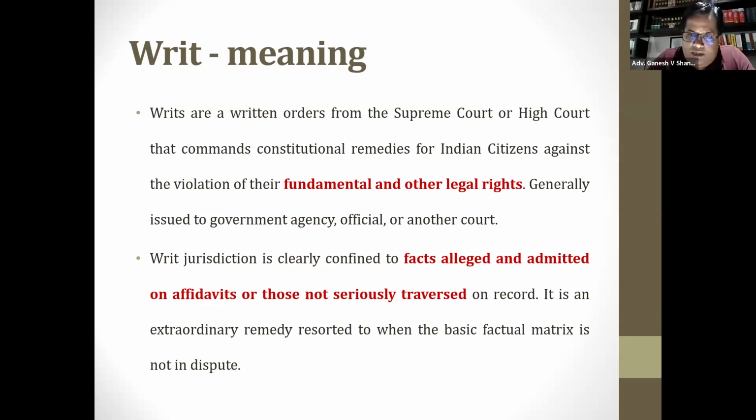High Courts or Supreme Courts are not fact finding authorities, unless the facts are not under dispute, or they are not seriously traversed as per the affidavit.